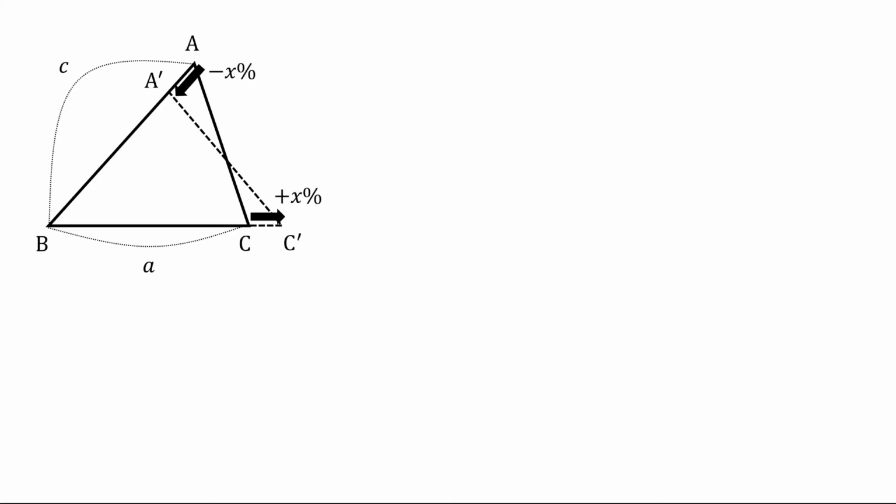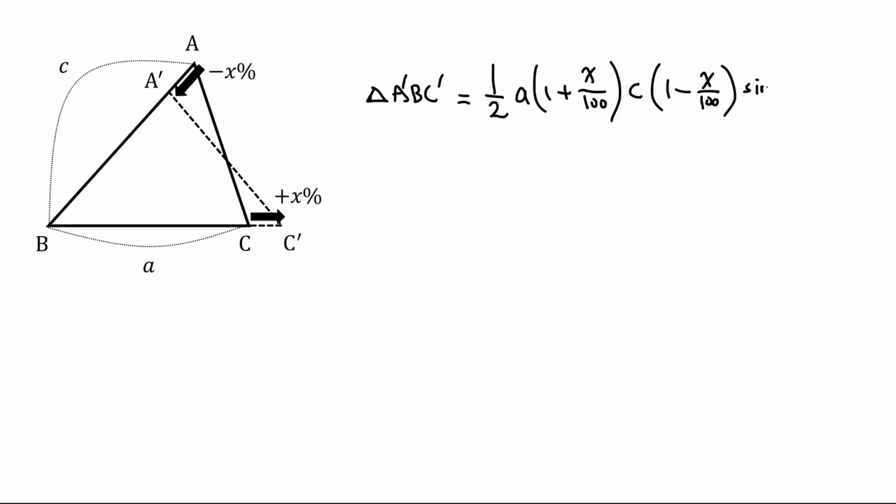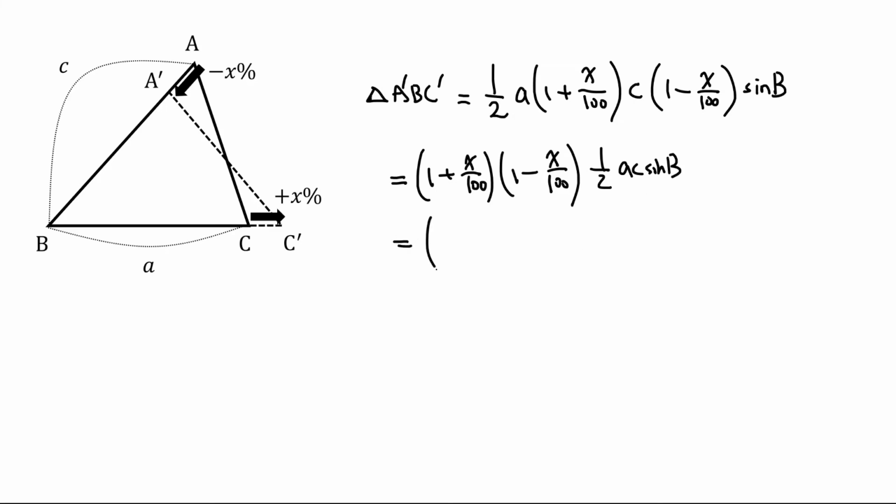Then the area of the new triangle is 1/2 times BC' equals a times (1 plus X over 100), and BA' equals c times (1 minus X over 100), times sine B. So it is (1 plus X over 100) times (1 minus X over 100) times 1/2 a c sine B, which means that it is (1 minus X squared over 10,000) times the area of the triangle ABC.